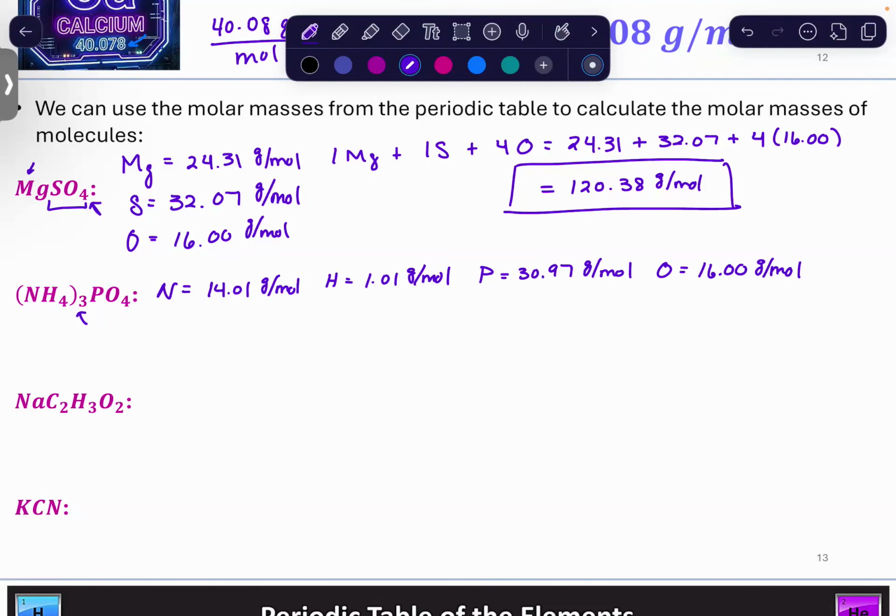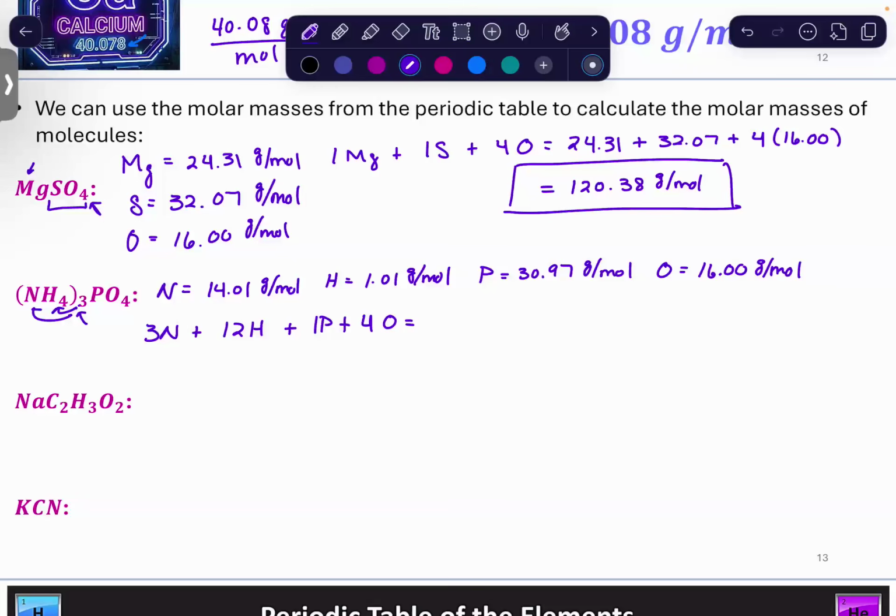Now when we're adding this together, this subscript 3 is going to come into the nitrogen, and into the 4. So we are going to have 3 nitrogens plus 12 hydrogens, because 4 times 3 is 12. One phosphorus plus 4 oxygens.